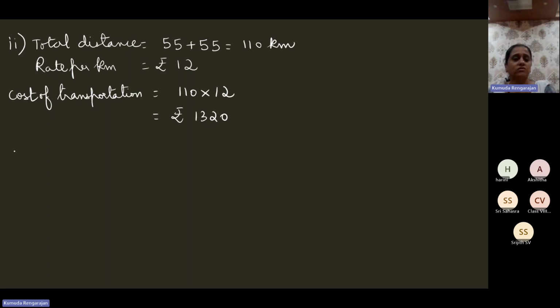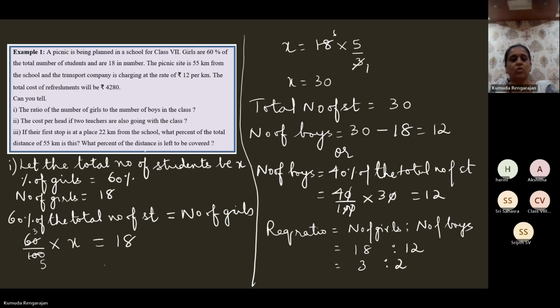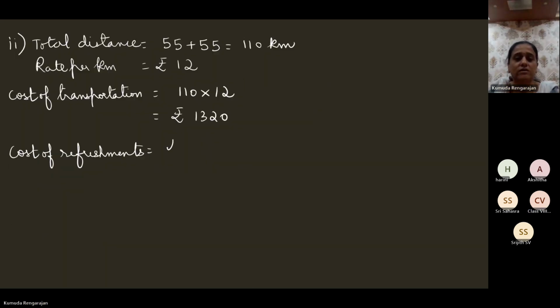Okay. So what's the cost of refreshments given? What's the cost of refreshments? 4,280 rupees. Yes, ma'am. Srijit, are you there?